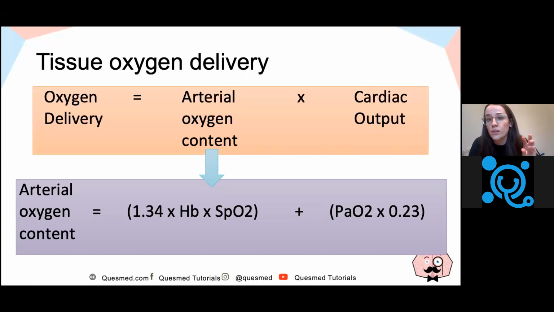That's just a constant that's been found that we will always times by the hemoglobin and the oxygen saturations in order to get the bound hemoglobin, and the 0.23, again, is just a constant that we use. So they're just the standard figures. They don't change around. They're always constant. Where does 1.34 come from?